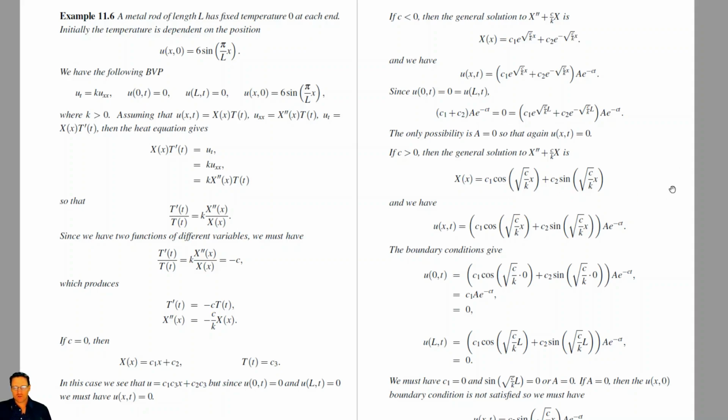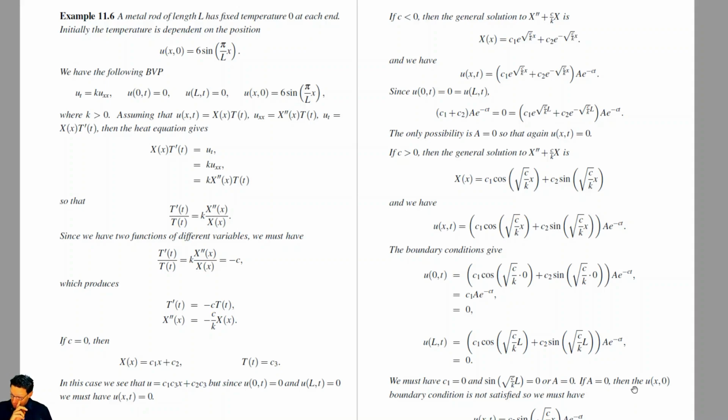Now in our third case, if c is positive, then the general solution, again from our work on second order ODEs, involves a cosine and a sine. Now the boundary conditions give us, once we sub in x is 0, that u(0,t) is 0, and u(L,t) is 0, so we must have c1 is 0, and sine of the square root of c over k times L is equal to 0, or a is 0.